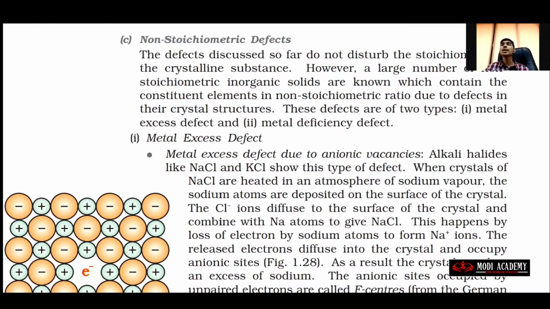We are talking about FeO. According to our formula, Fe should be one atom and O should be one atom, but in reality FeO is never Fe1 O1. It is always Fe 0.93 to 0.96 on average. Sometimes it is 0.93, sometimes 0.96, according to the place from which the ore was taken. So it is known as a metal deficiency defect.